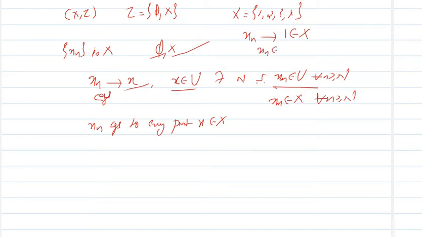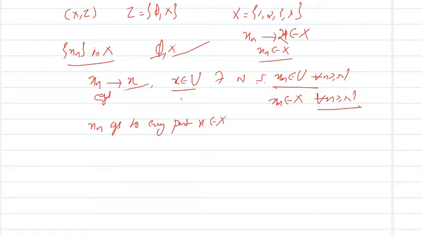And xn should be in X not only for n greater than or equal to N, but for all n, because xn is a sequence in X. So clearly xn belongs to X. That is very true. That means xn converges to 1. And what happens if I am taking this as 2? xn converges to 2 because the only open set containing 2 is X itself.